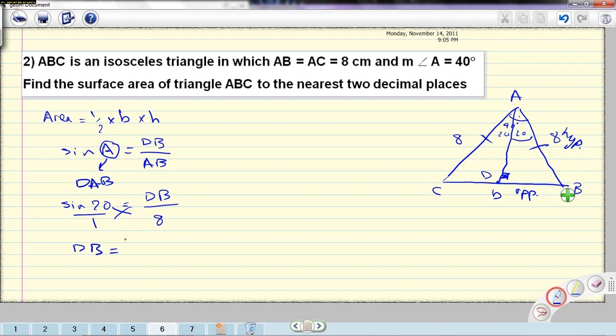So I'm gonna get DB and tell you the answer now. I don't have a calculator, and this is a big problem for me.